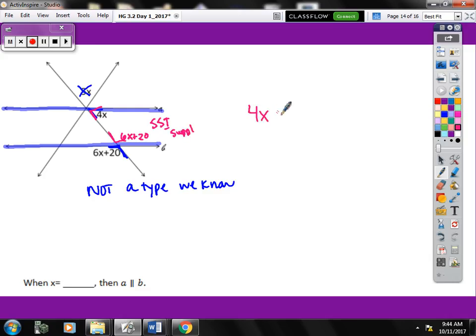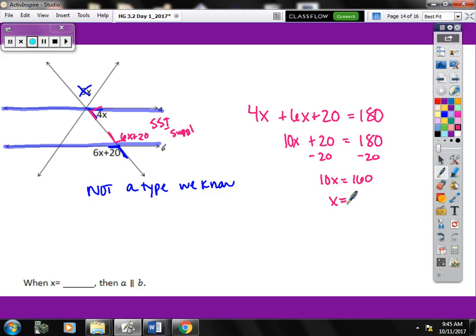So 4x plus 6x plus 20 equals 180. Combine your like terms. Subtract and divide. Should I get 16?